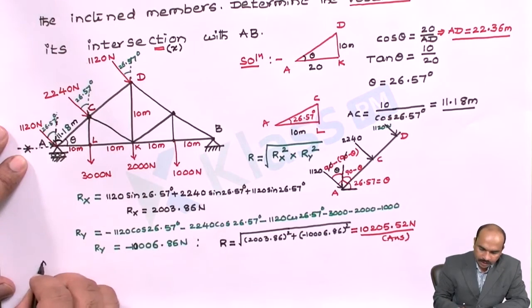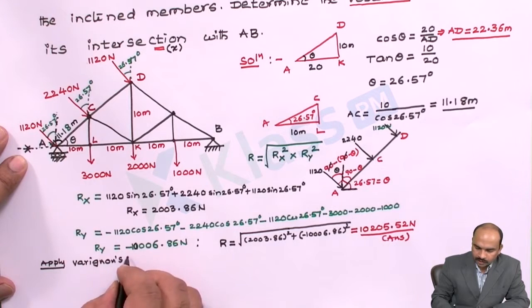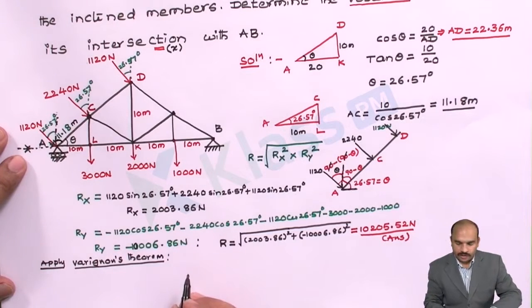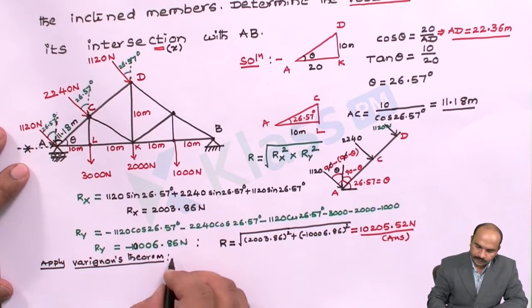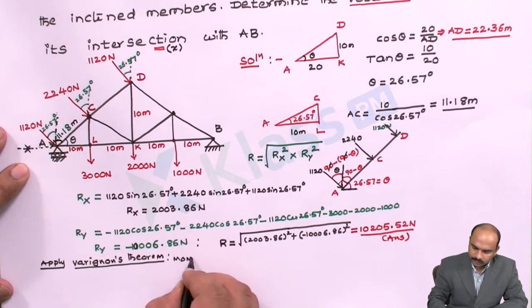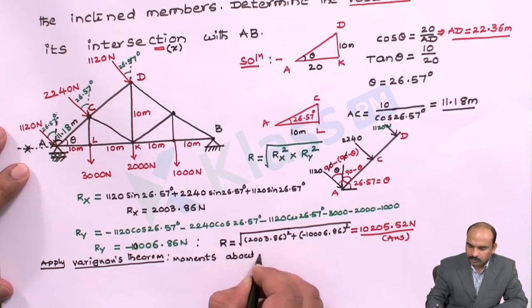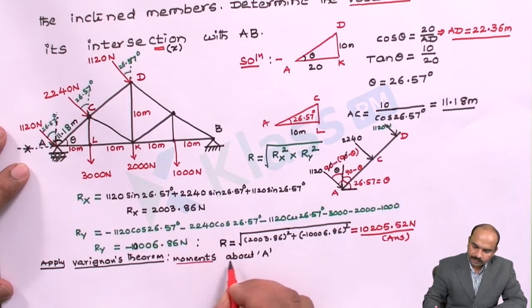So let us apply Varignon's theorem. Now I write all the moments with respect to point A. I will take all the moments about point A.